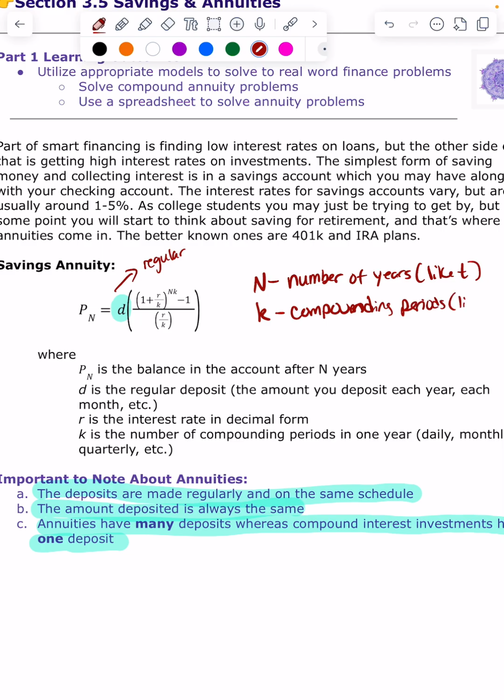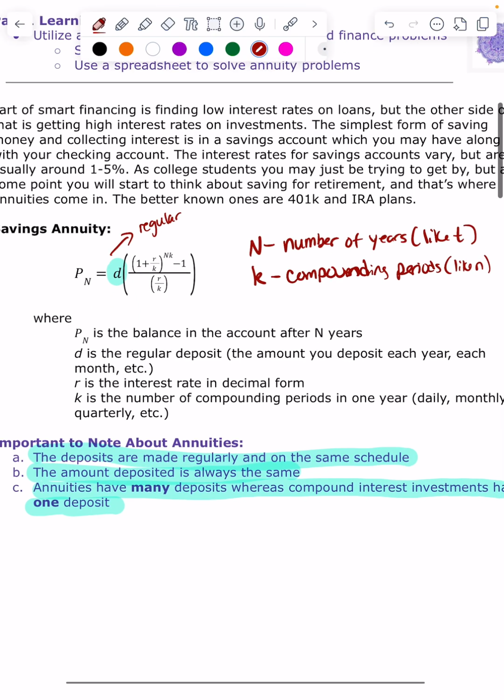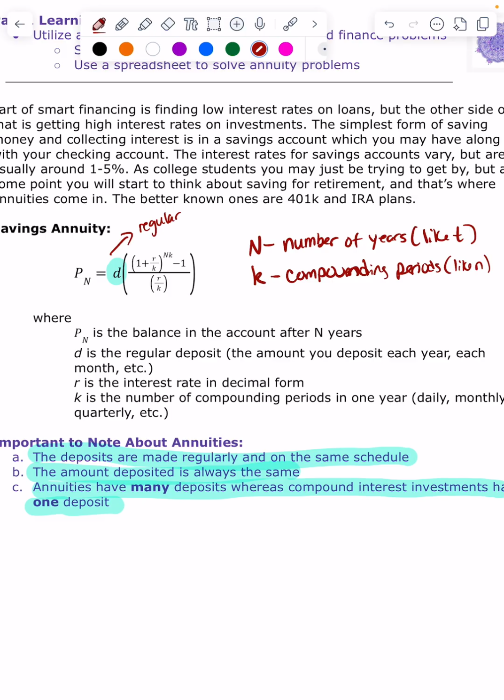So that's like lowercase n. So now capital N is the number of years, and there's no lowercase n, but K is the compounding period. R is still your interest rate, and then P sub n is the balance in the account after n years. So that's like your future value.